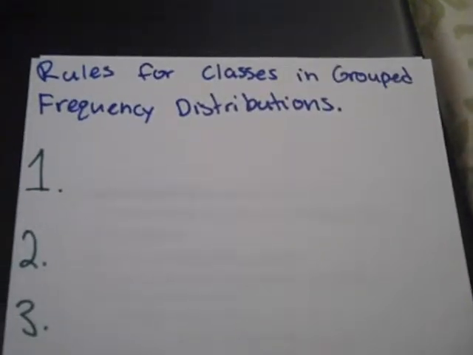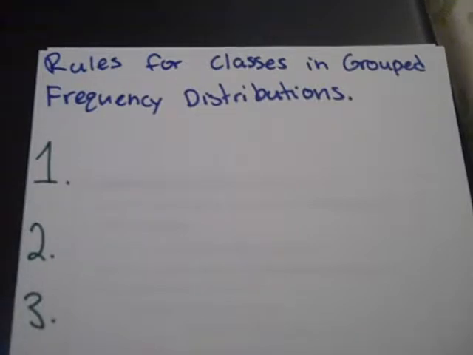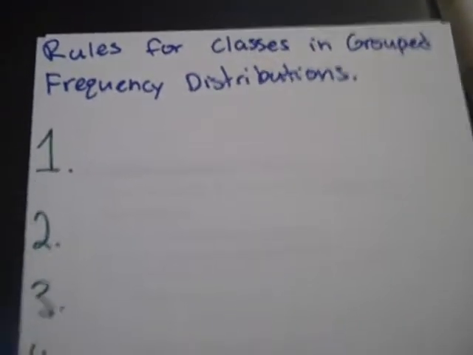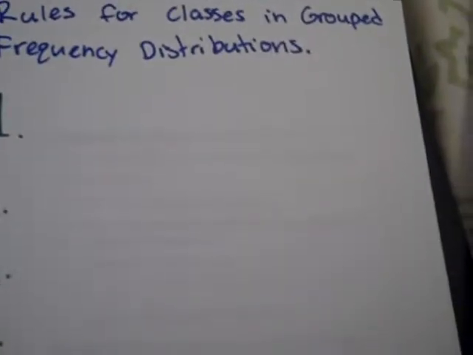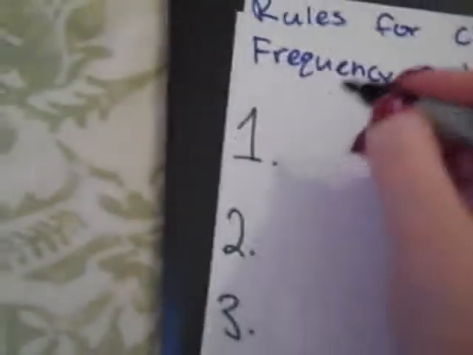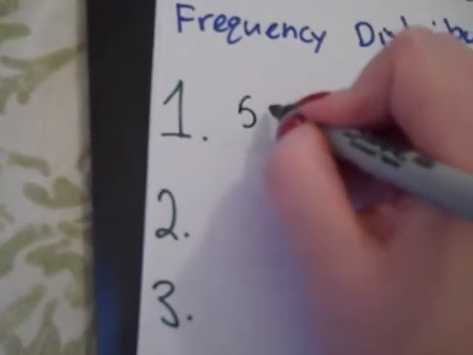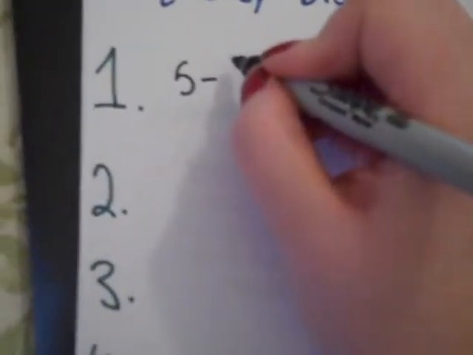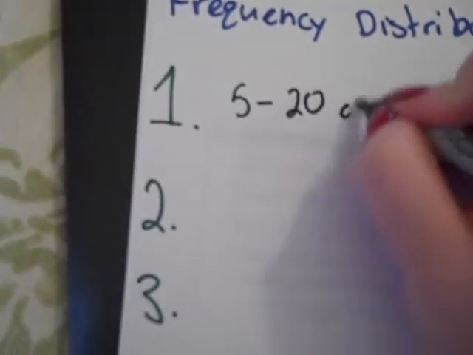There are 6 rules for classes in grouped frequency distributions. The first rule is that there should be 5 to 20 classes.